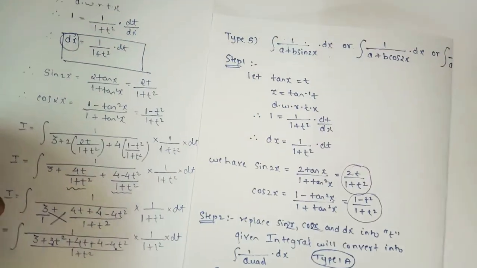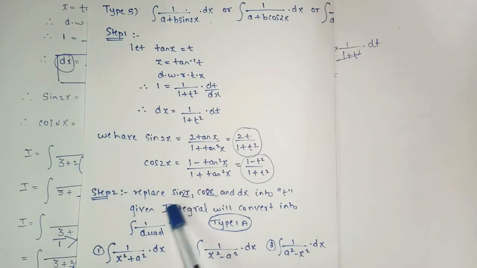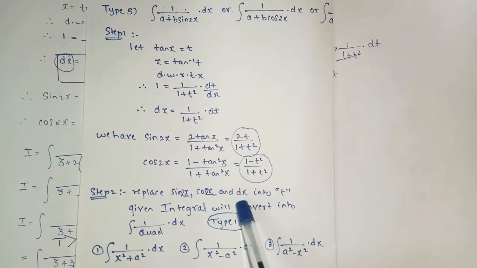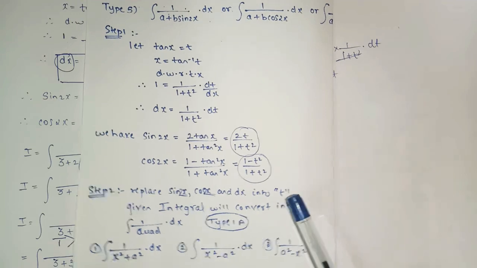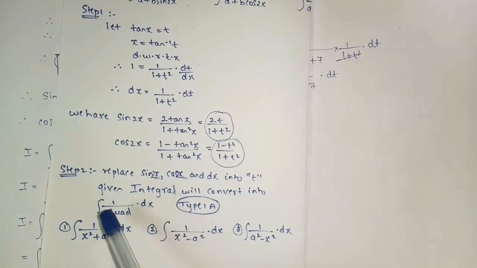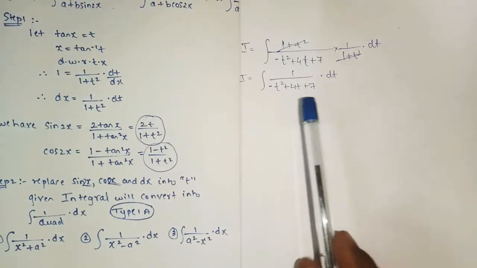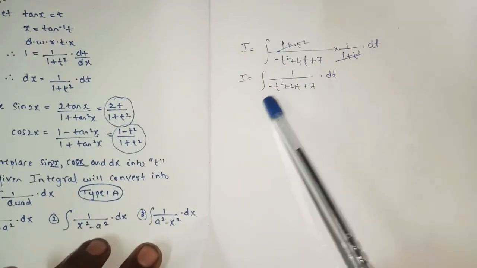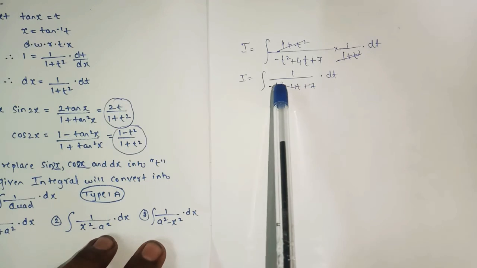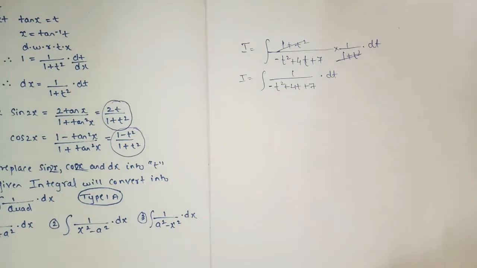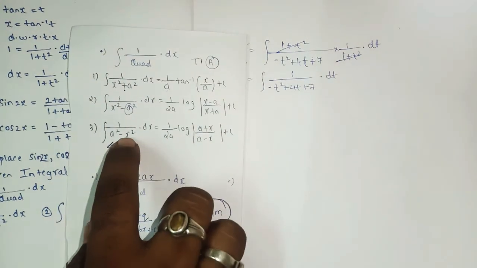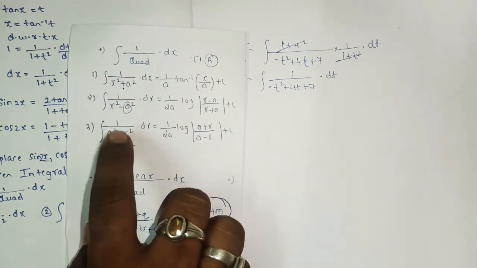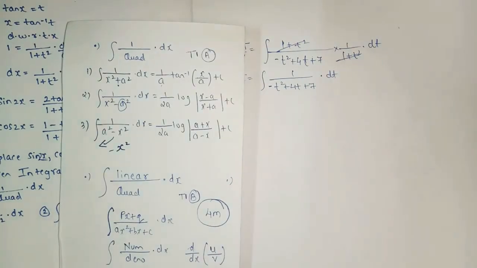So here we completed step number 2, where we have to replace sin 2x, cos 2x and dx in terms of t. You will see the integral has been converted into 1 upon quadratic, but here the square term sign is negative, and we know that whenever the square term sign is negative, always and always we have to apply the third formula.